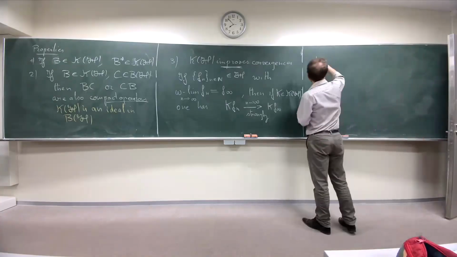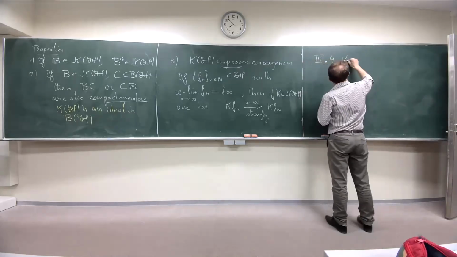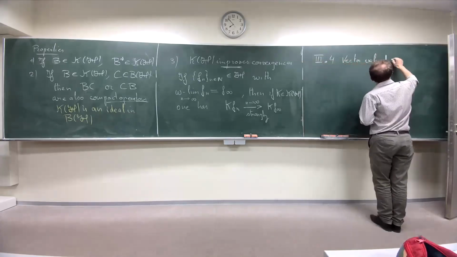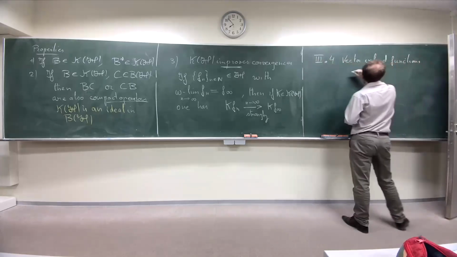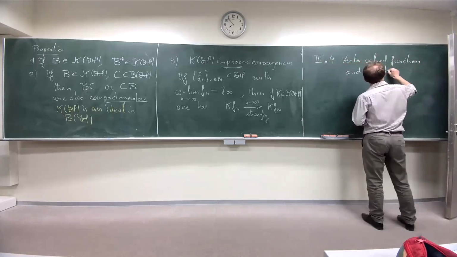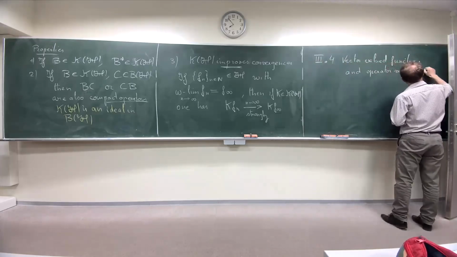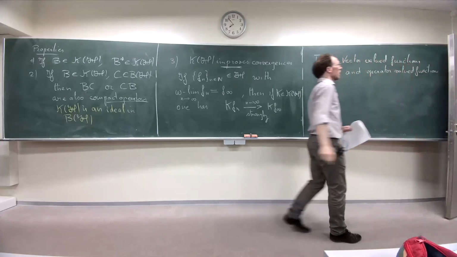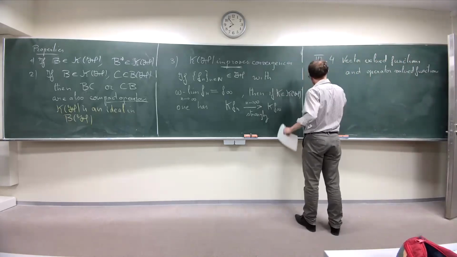The next section, which I just want to sketch, is about vector valued functions and operator valued functions. What do I mean by this? I consider phi.